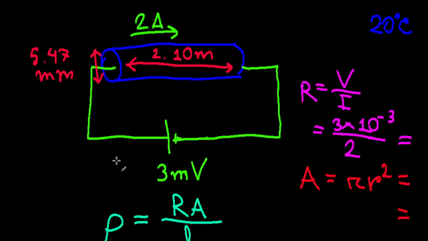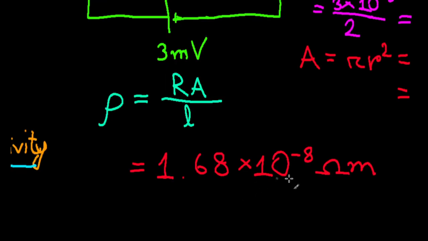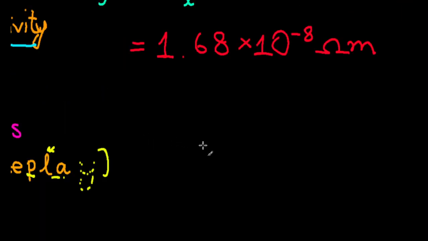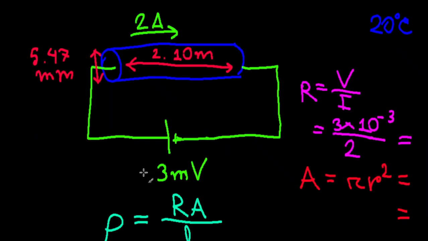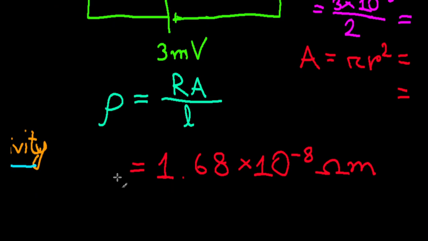If you're a professional working in this field, all you do is take out your data sheet or database and search which metal has the same resistivity. As I said, resistivity is a property of the material itself.